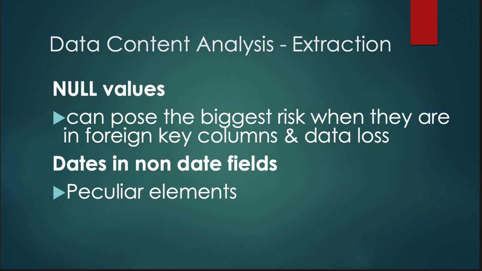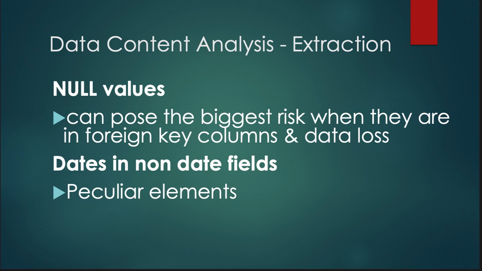Next we have null values, for example, numbers that do not tie into anything. One of the biggest risks is with a foreign key, meaning the table is referencing another table as a foreign key and there's no data.